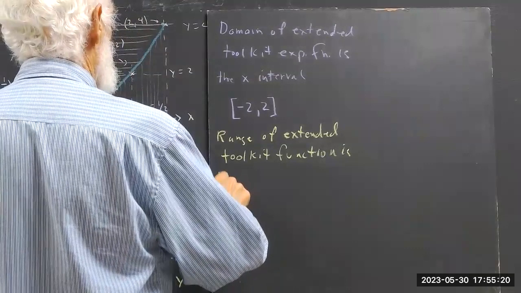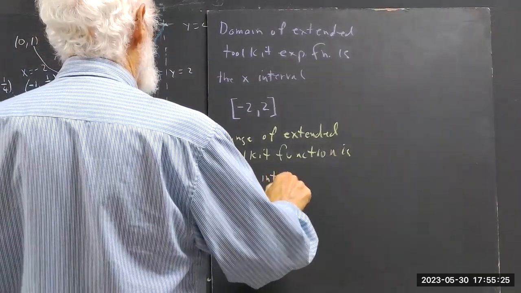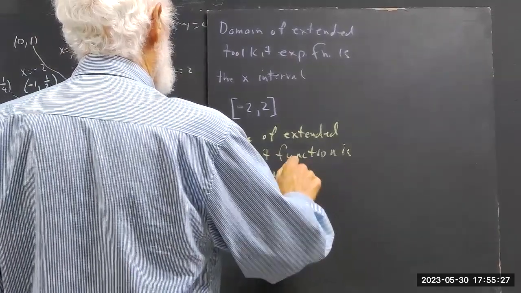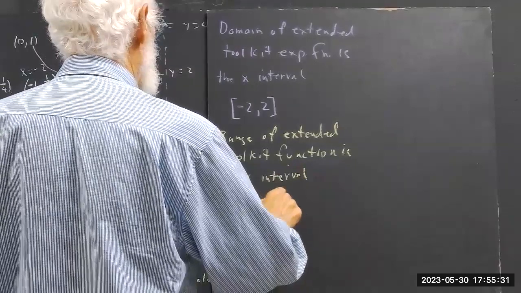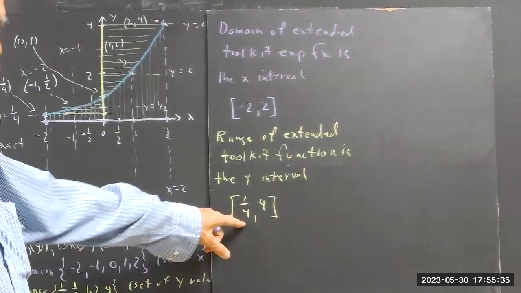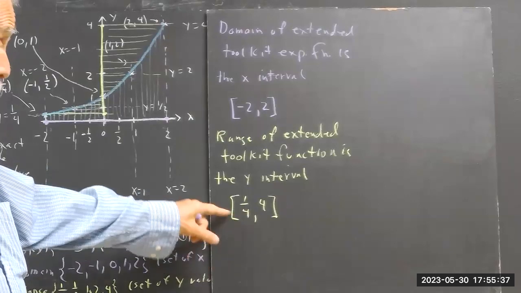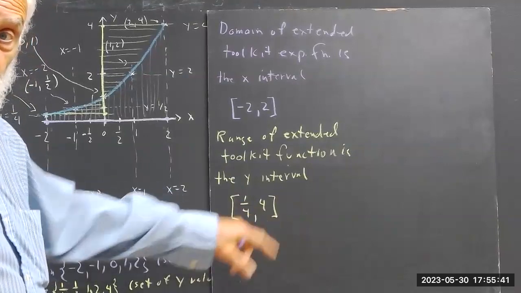So it's the y interval 1/4, 4. Meaning we start at 1/4, including 1/4 as in the square bracket, and we end at 4, and we include 4 because of the square bracket.